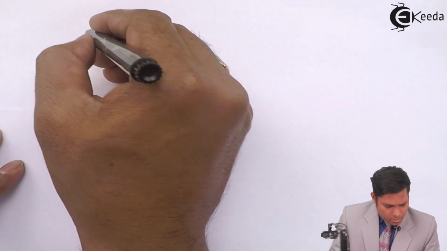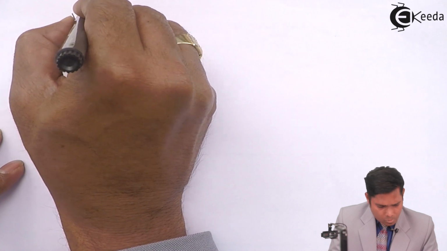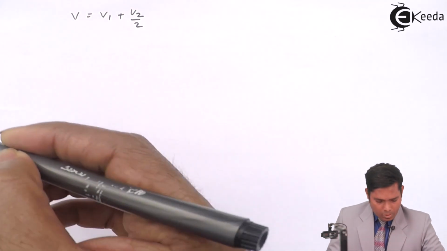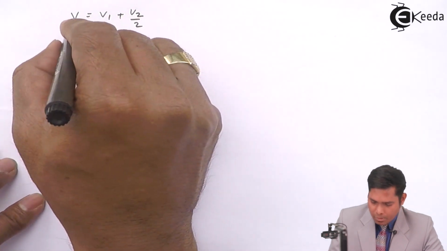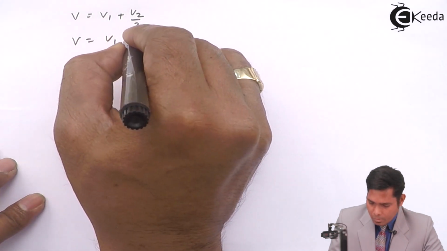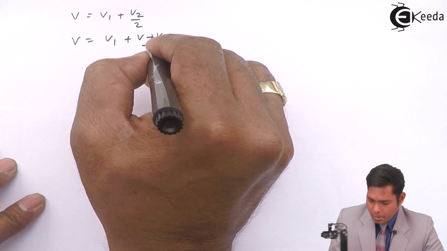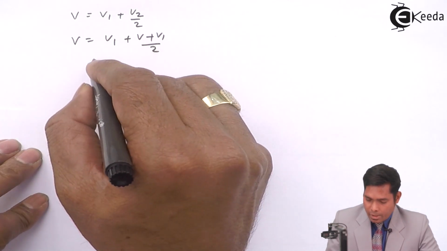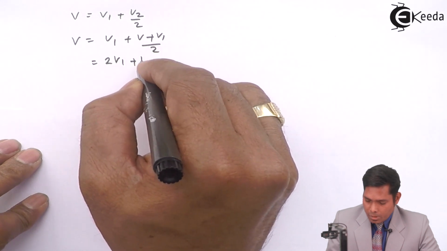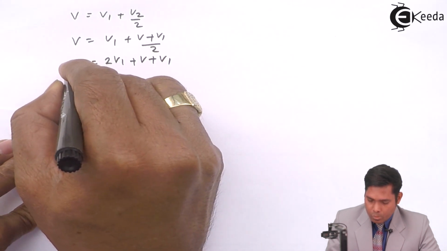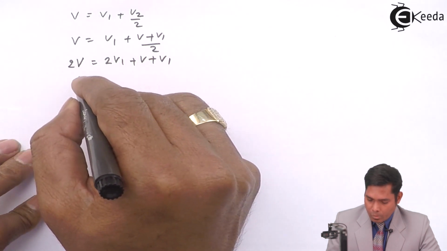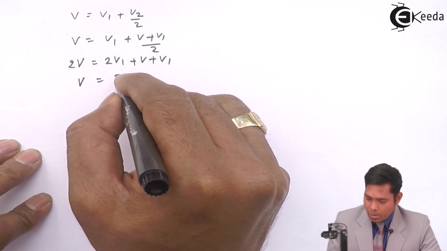The first equation was v equals v1 plus v2 divided by 2. Now I put v2 as v plus v1, so v equals v plus v1 divided by 2. Solving this, 2v equals 2v1 plus v plus v1, so v goes to the other side and it will be only v, and this will be 3v1.